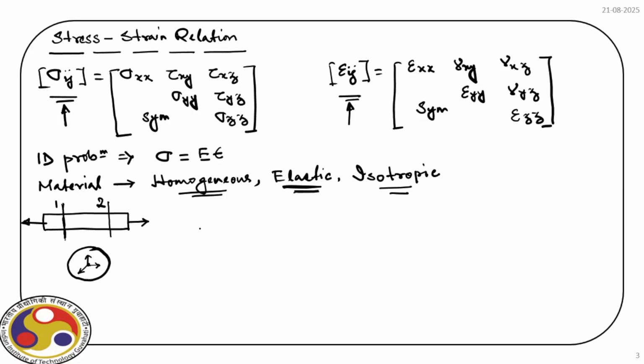Now, we have 6 components of stresses. So if I write it down, sigma xx is equal to, obviously it will be related to 6 components of strains here.